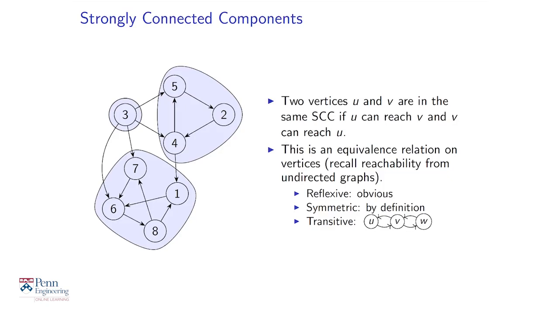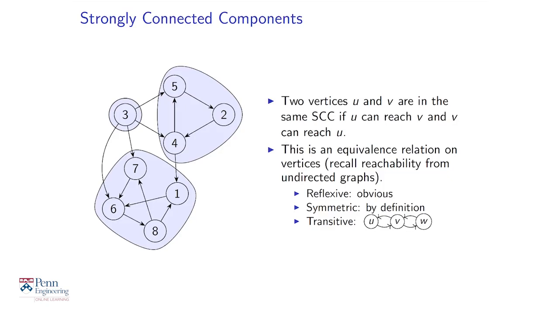Symmetry, the definition is basically symmetric already, because in order for u and v to be in the relation, there must be a path from u to v and from v to u. So if u is in relation with v, both of these paths exist, and that means that v is also in relation with u. So symmetry comes automatically from the definition.